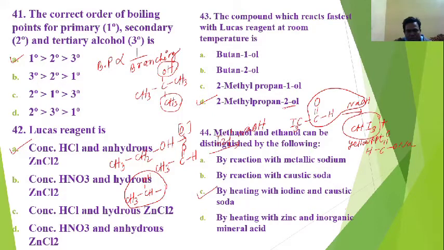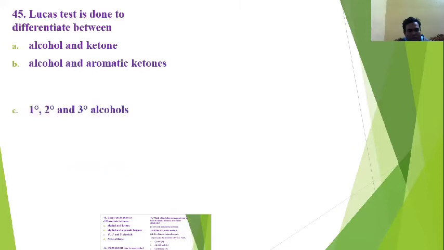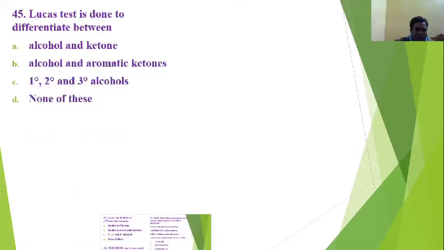The next question. Lucas test is done to differentiate between alcohol and ketone, alcohol and aromatic ketone, or primary, secondary, and tertiary alcohol. None of these is option D. The answer is option C. Tertiary alcohol gives turbidity instantaneously.